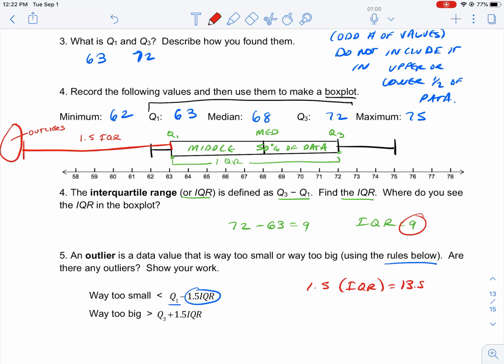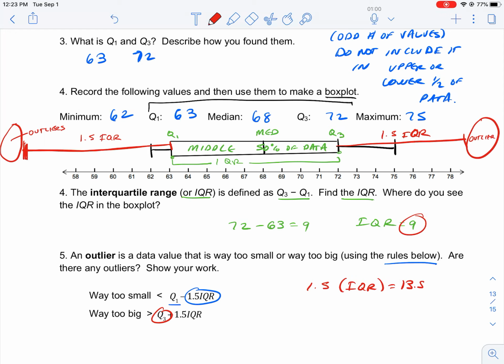Meaning I extend the arm down 1.5 IQRs. Anything that's lower than 1.5 IQRs below Q1 is going to be an outlier. On the other end, I'm going to do an arm that's 1.5 IQRs above Q3, and anything above that is going to be an outlier.